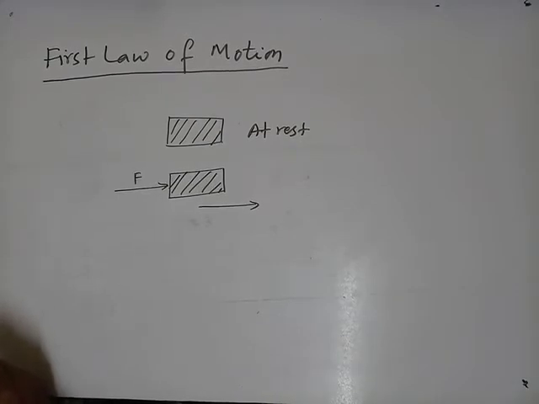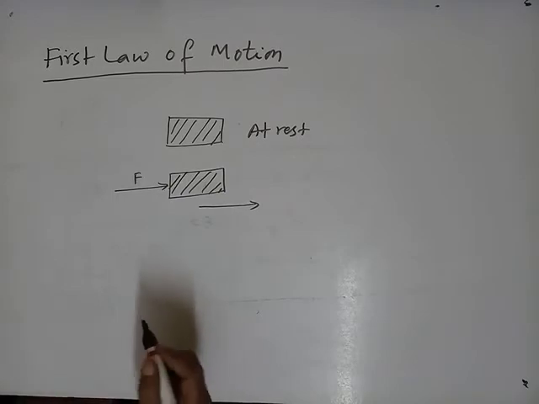In a quantitative way, the tendency of an undisturbed object to stay at rest or to keep moving with the same velocity is called inertia. This is why the first law of motion is also known as the law of inertia.